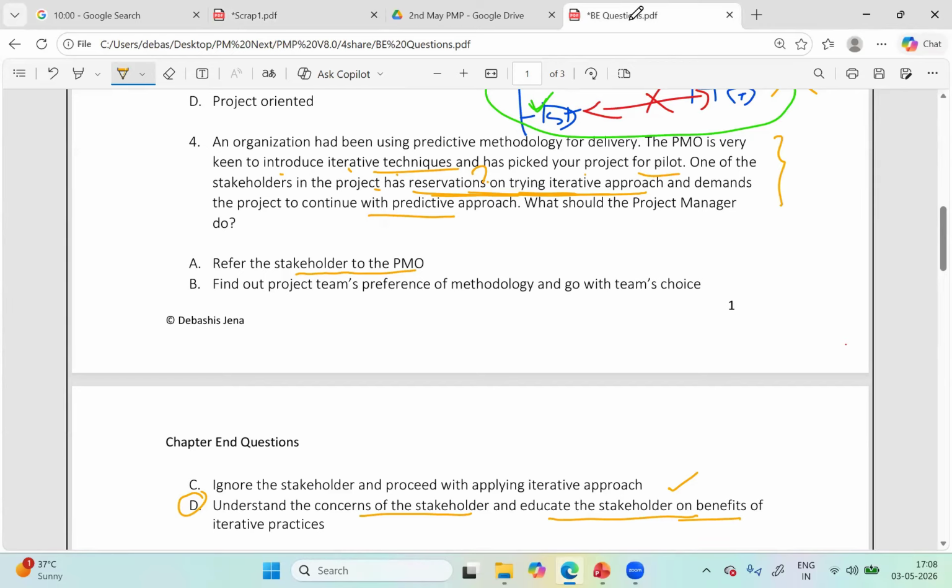I should first try to deal with it. Like here, what we have is a resistance, right? So any issue, resistance, problem, challenge you come across, remember as a rule, I would first try to resolve it myself. If I go for A, refer to PMO, you are not justifying your responsibility. That's unnecessary escalation. And hence, A would not make an answer, not just here, in any of such questions. So please avoid answers such as A.